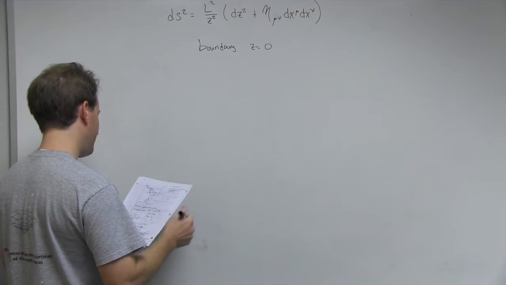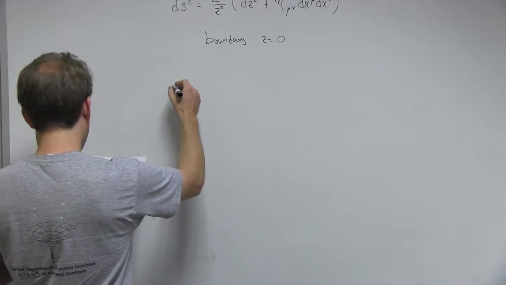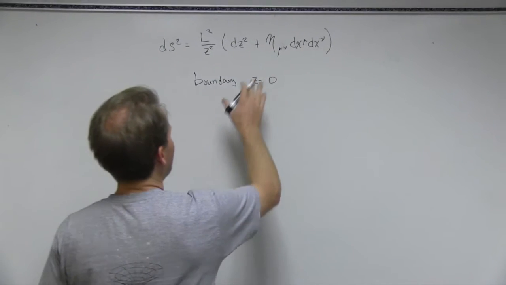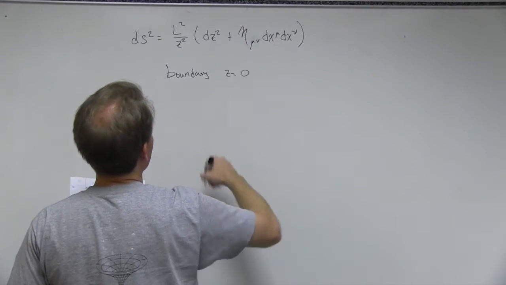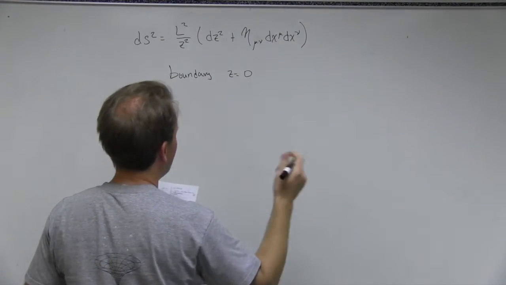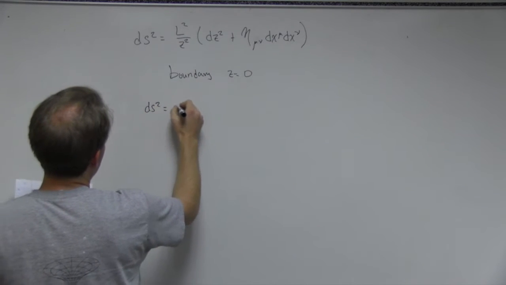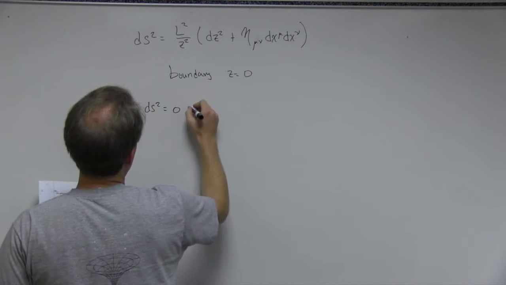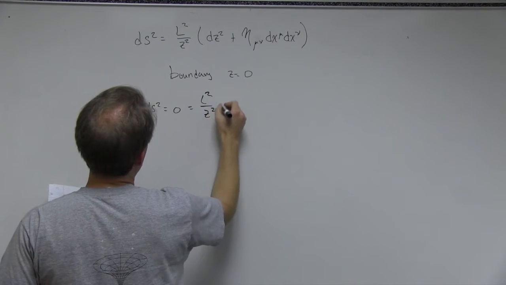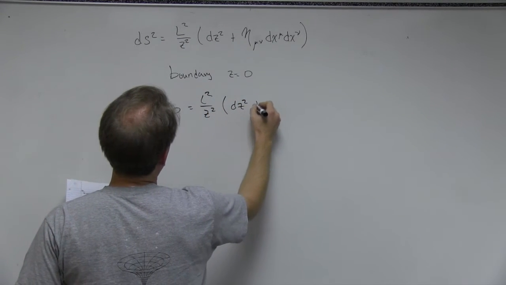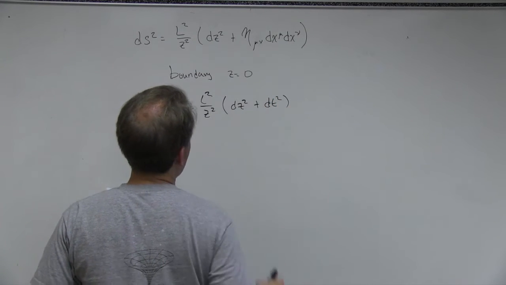Null geodesics are easy. Let's just take things that don't have any momentum in the transverse direction. Then you're just looking for ds squared equals 0, so paths like this.